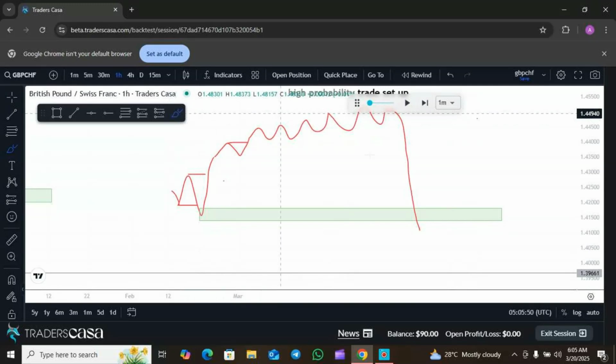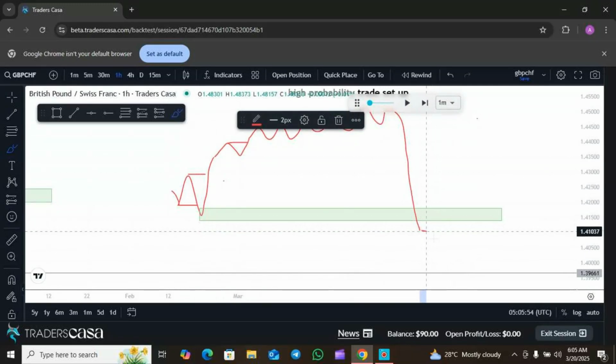Now, what do you do? As I showed you before, you wait for price to create another liquidity setup or another liquidity build up, depending on the type of trader that you are.